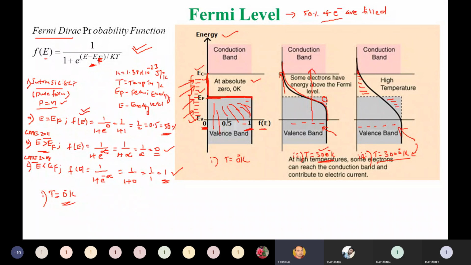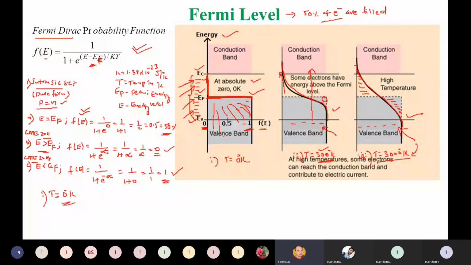The curve exists like this. This is the curve for T is equal to 3000 degree Kelvin. This is the curve for T is equal to 300 degree Kelvin. This is the curve for T is equal to 0 degree Kelvin. Right? This is about the Fermi level.